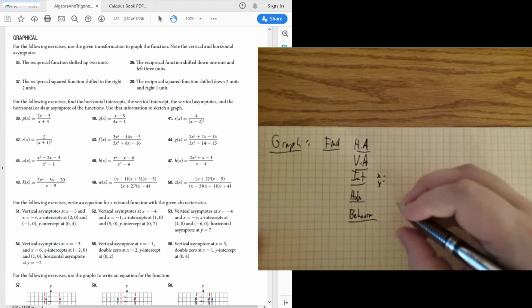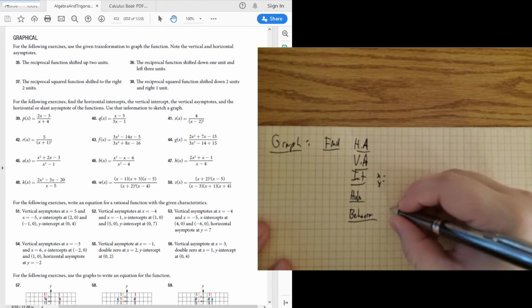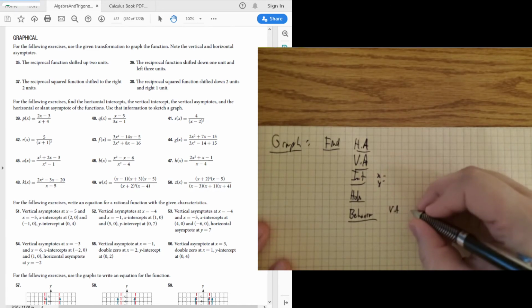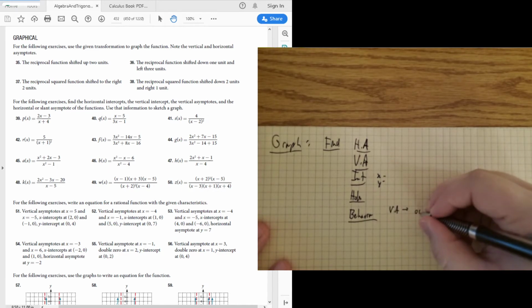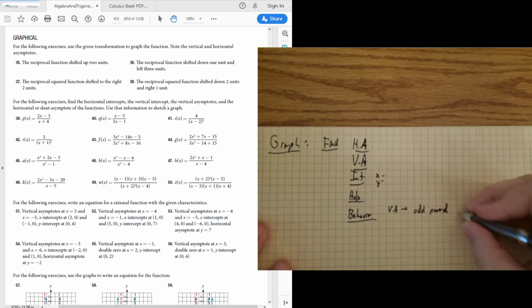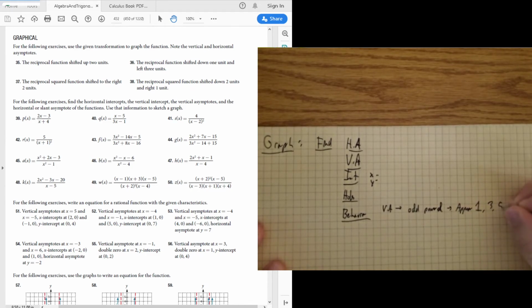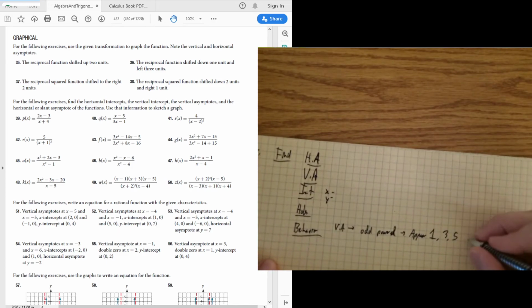If, when you look at your vertical asymptotes, they are odd powered, meaning they appear 1 time or 3 times or 5 times, then what that means is they're going to have opposite behaviors.